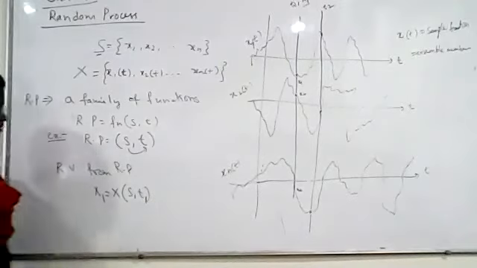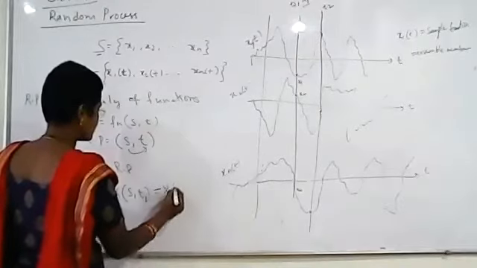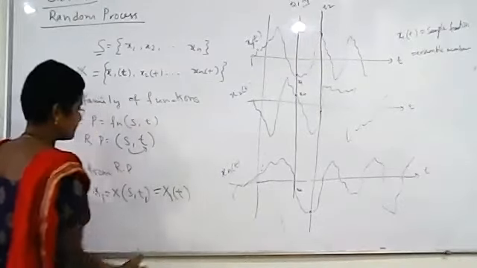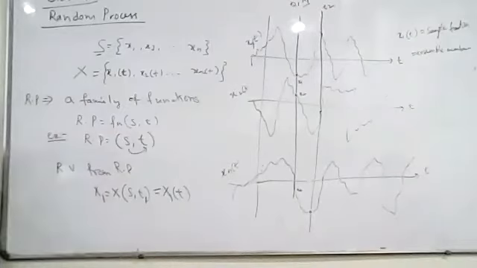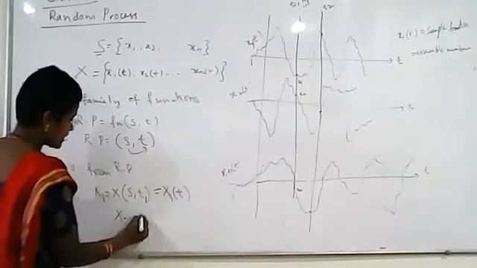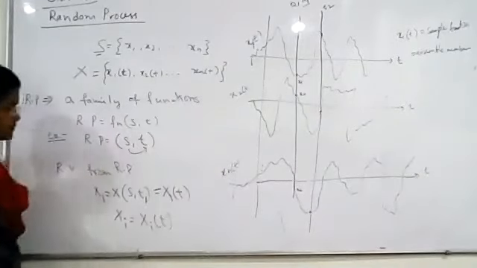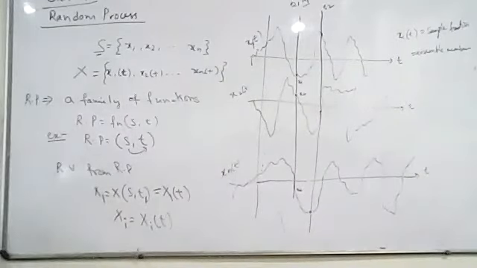This can be written as X1. Like this we will get all the values. So how do you write Xi? Xi is xi of t.